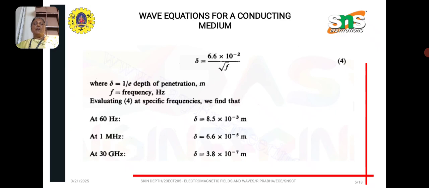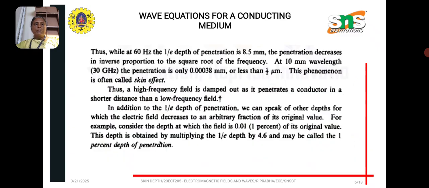So now we are evaluating the skin depth for various frequencies. At 60 hertz, it is 8.5 into 10 power minus 3, and for 1 megahertz, it is 6.6 into 10 power minus 5, and for 30 gigahertz, it is 3.8 into 10 power minus 7.